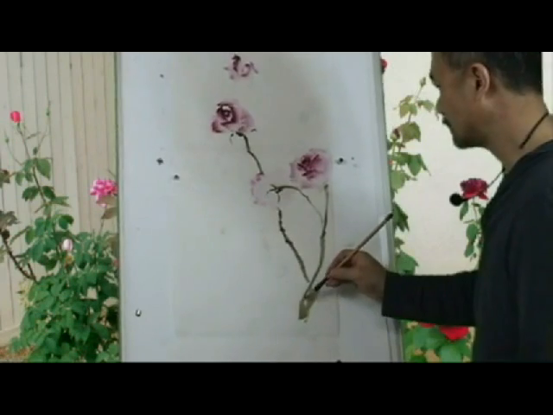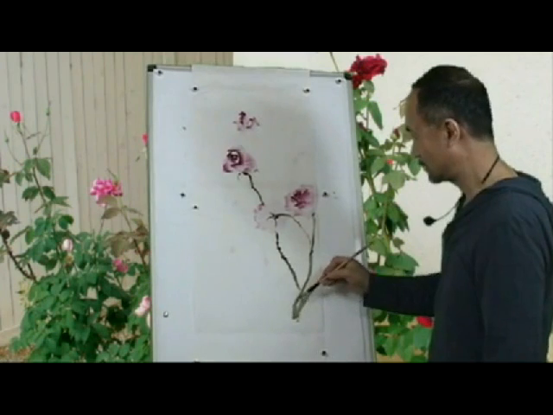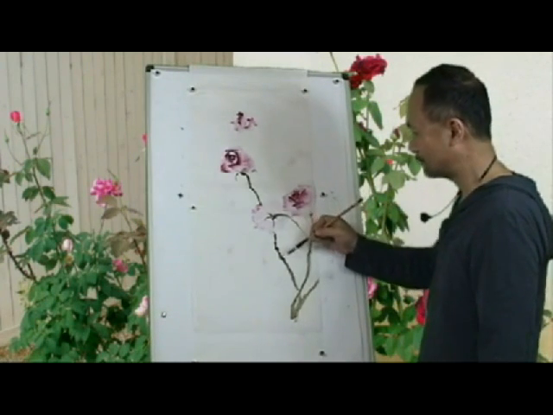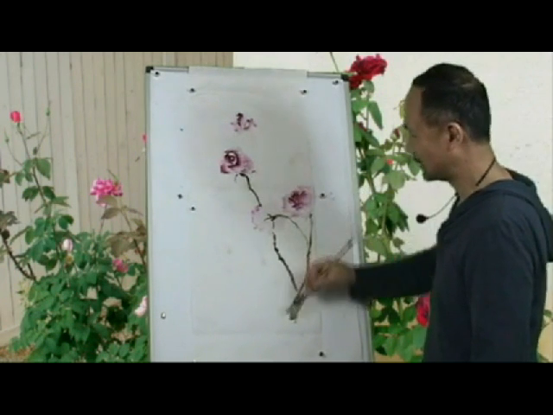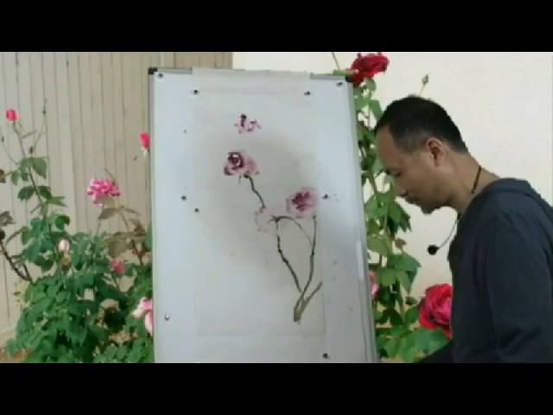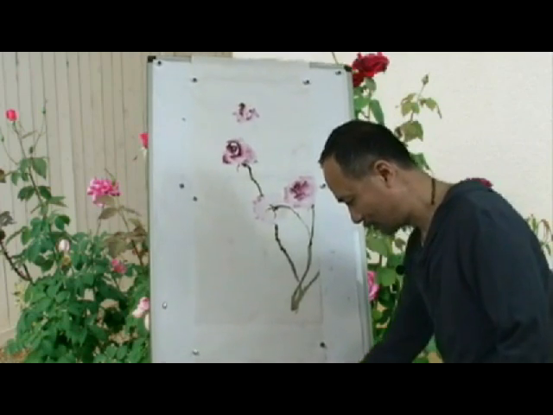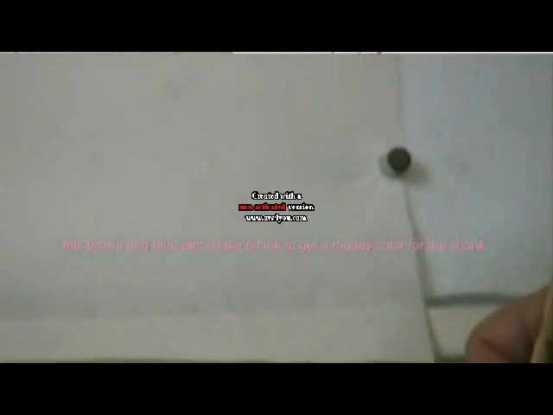I like to do the whole plant of rose, so the canes of the flower developed this year, and the old trunk and the root, near the root, the old woody trunk. So I use some gray color, just brown and blue mix, a little bit of ink.